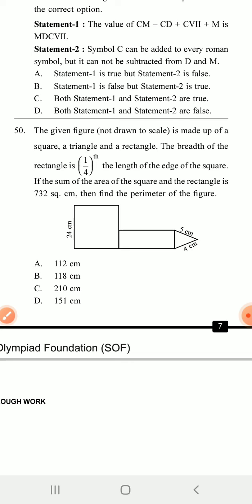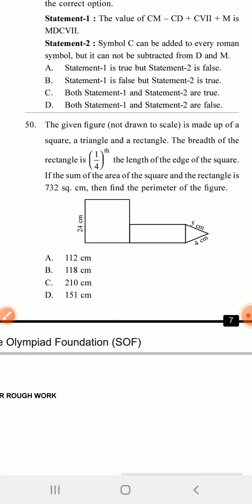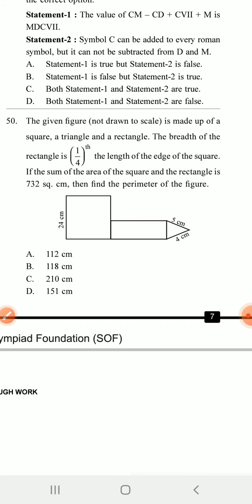So two sides of the rectangle are equal. So you find this one is 6, 6. Now what is the length and breadth of the rectangle? You can easily find out. And add all the sides one by one. So this is the answer.